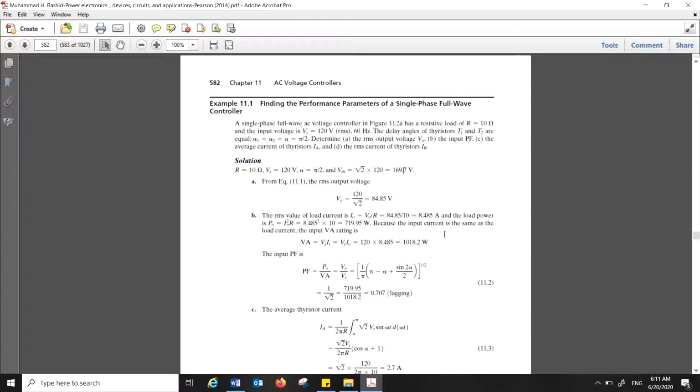Because the input current is the same, the input volt-ampere rating is VA equals Vs Is, where Is is I naught, the same. This is the rating, and the input power factor is given by P naught over VA. P naught we already have, this is the load side, VA the source side.